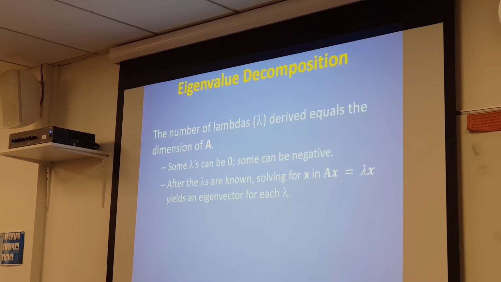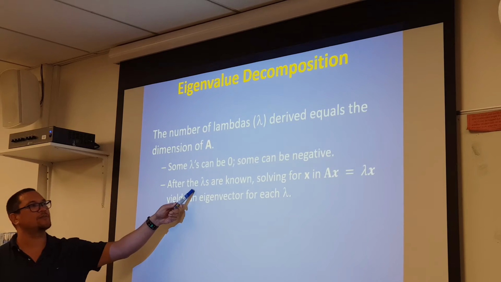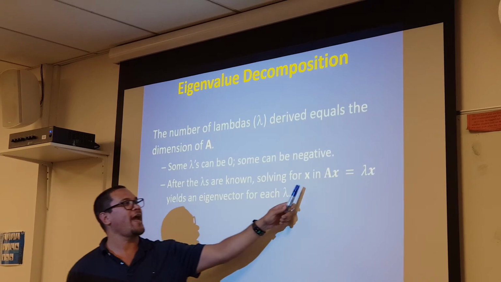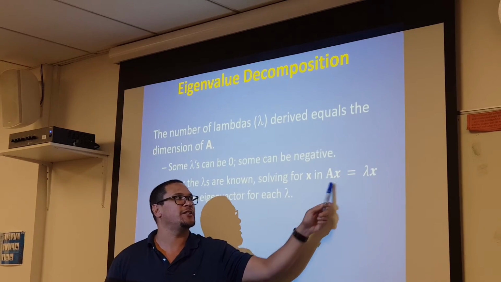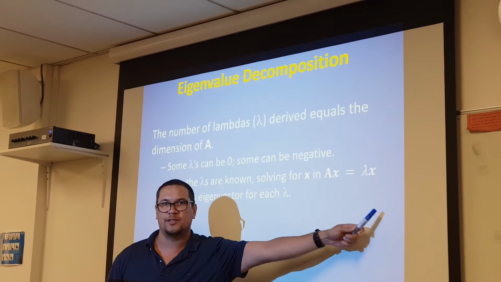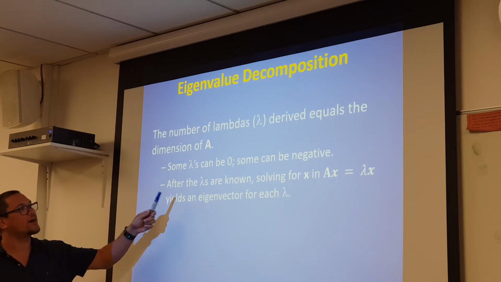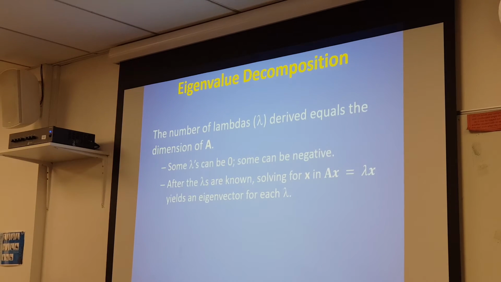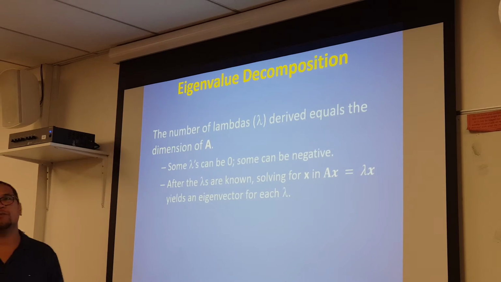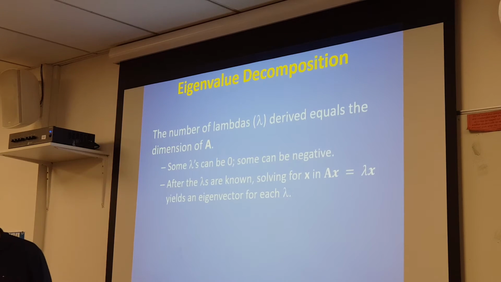Once you know the lambdas, you can then solve for x using this equation, because we know this is true: A times x is equal to lambda times x, to find the eigenvector. So the solution, if you have to do it by hand, is to find the eigenvalues first, and then substitute those values into the equation to find what the eigenvectors are.